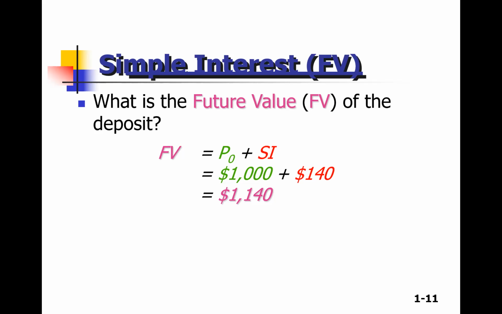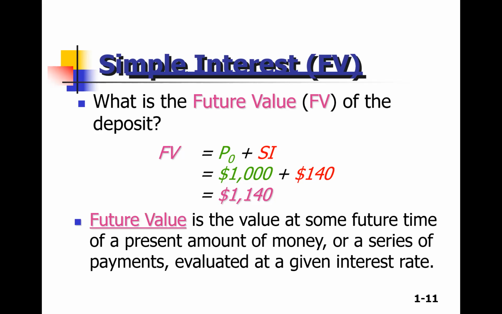So in our case, if we need to find out future value, that is represented by FV here. P naught is the present deposit plus SI, that is simple interest. So 1000 plus 140 would be future value. This is in the case of simple interest.